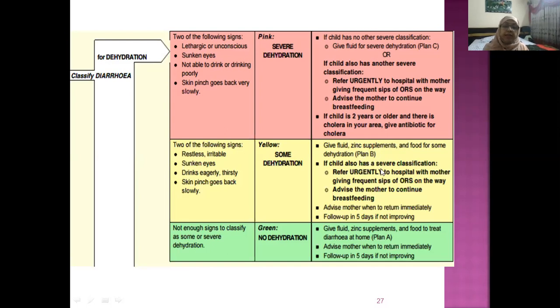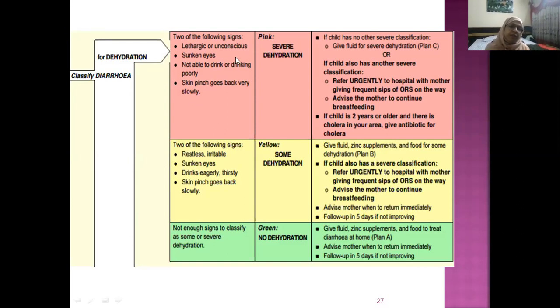If the child has any other severe classification, refer urgently to the hospital by giving sips of ORS on the way, and continue breastfeeding. Otherwise, if only having signs of some dehydration, advise the mother when to return immediately and follow up after 5 days if the baby is not improving.